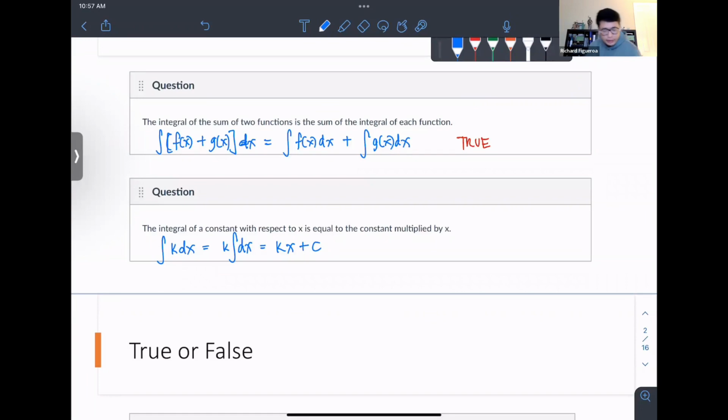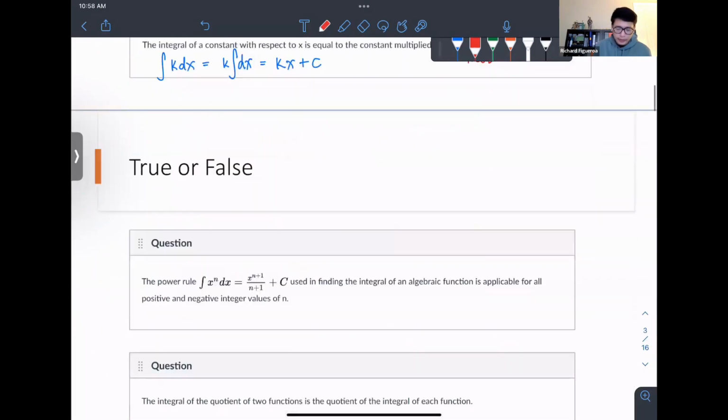So therefore, it is true that the integral of the constant with respect to x is the constant itself multiplied by x. That makes the statement true as well.